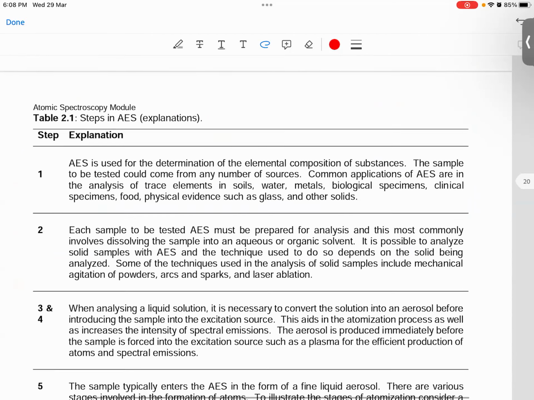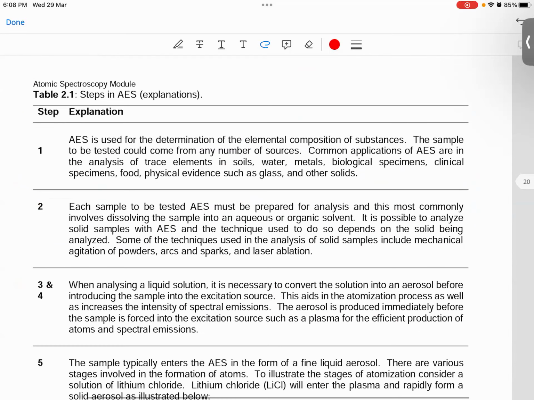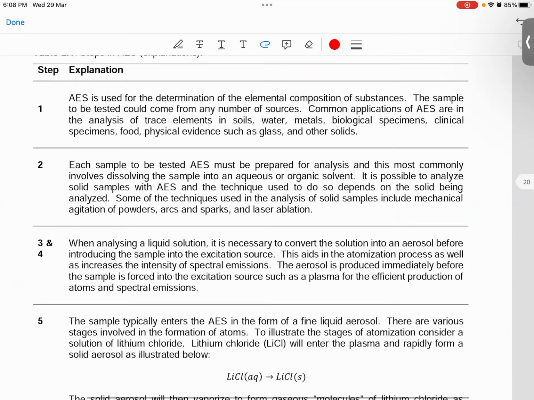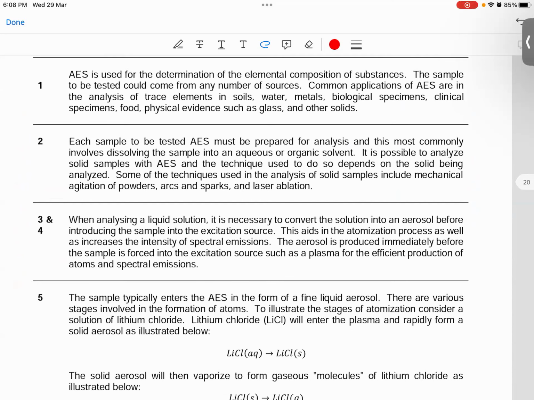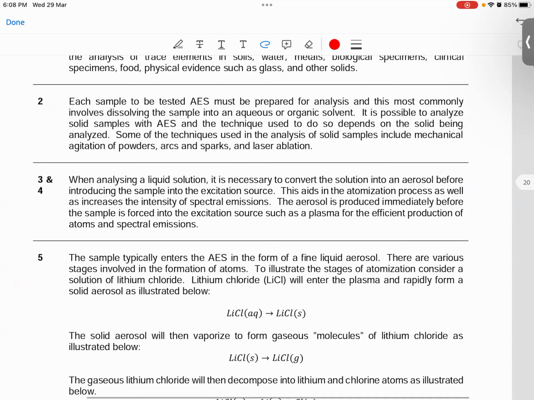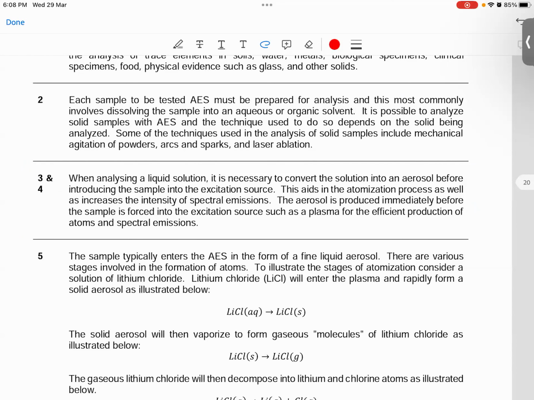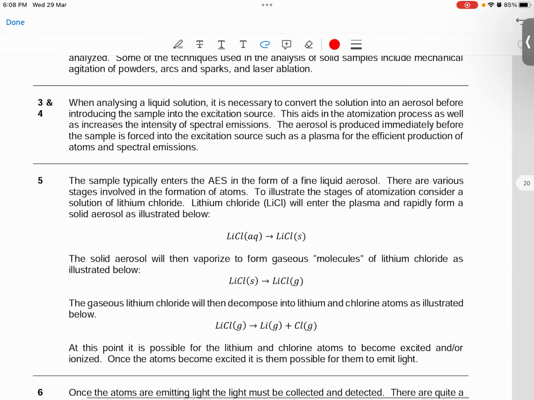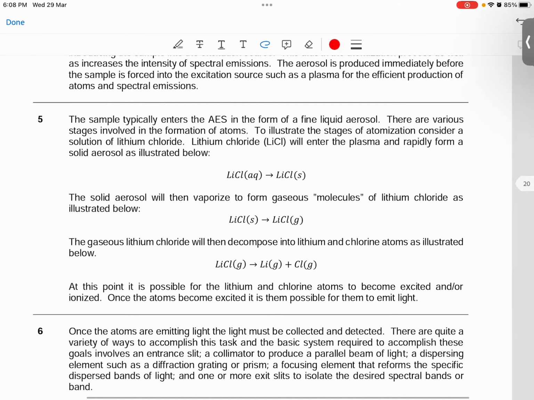So this one is the determination of elemental composition. I think this is quite common, where if you want to analyze elements, especially metal elements. AES also can do some organic analysis.